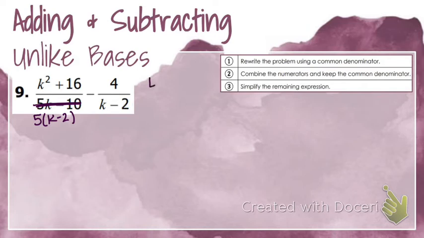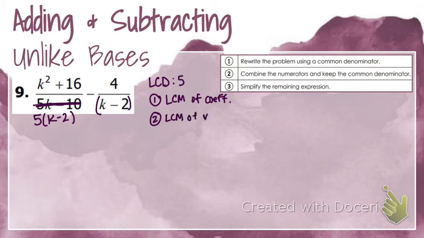So when we do the LCD, we are going to find the least common multiple of coefficients. And for us, that would be 5, because this is a binomial. It's one whole unit. So the LCD of 5 and this imaginary 1 is just 5. Okay, then we want to do the least common multiple of variables.